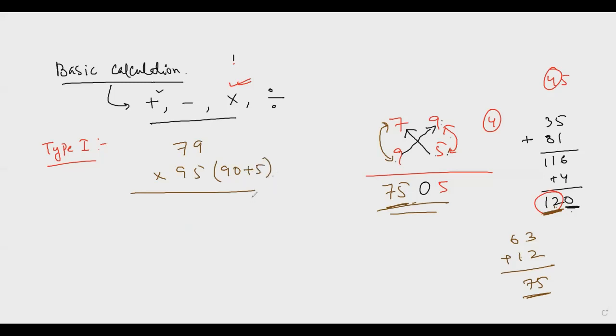So first multiply this number with 90. 79 into 90 plus 5. So what we are going to do is multiply 79 with 90 and then 79 with 5. Right? So 9 multiplied by 79 and then add a zero, right?